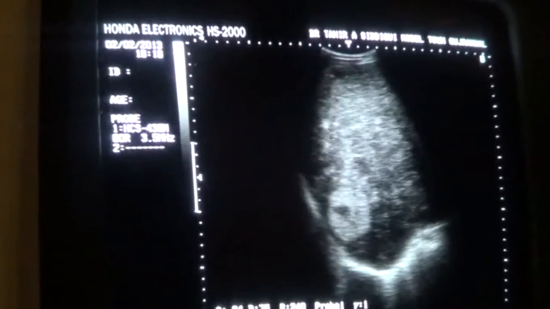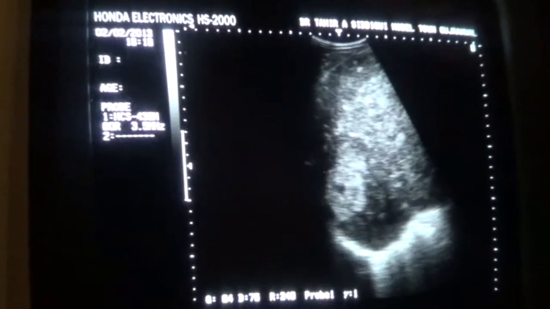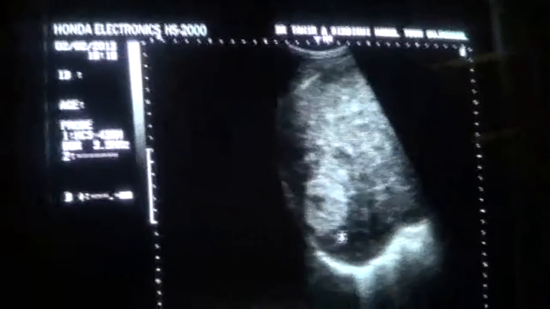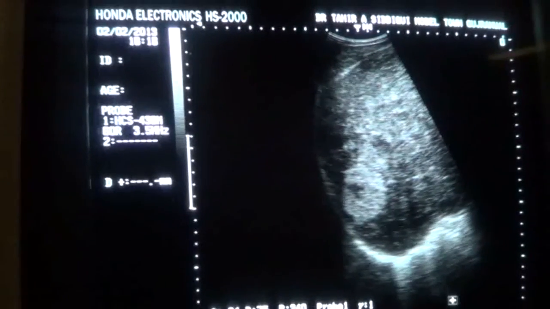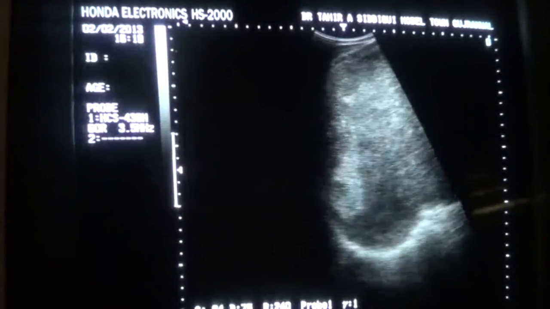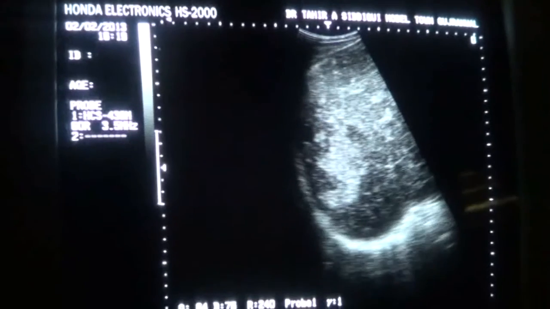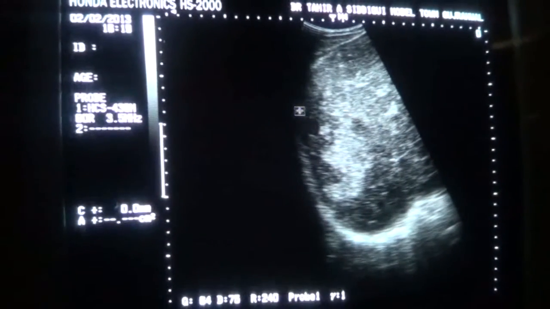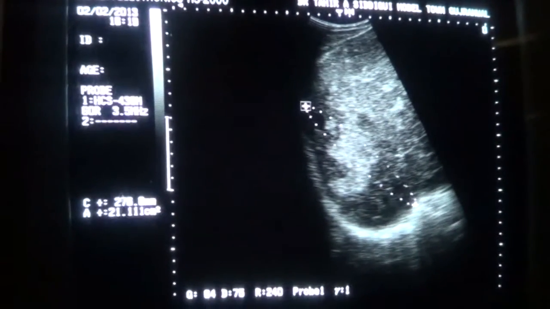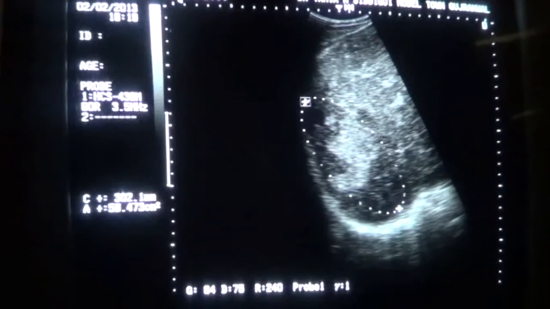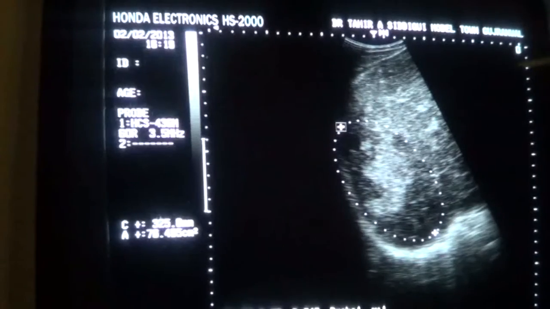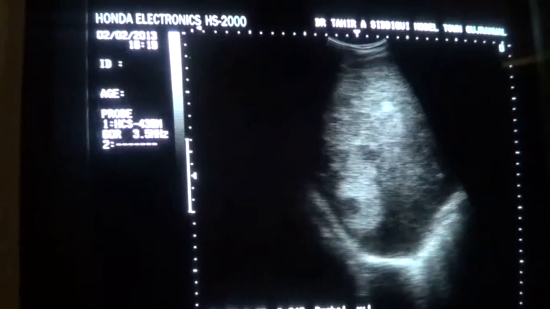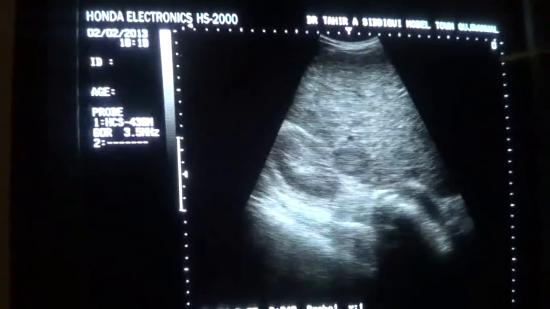This fluid is suggestive of internal degeneration because the fluid is not clear, it contains internal echogenicity. So this is a complex sort of mass, extending from segment 6 to segment 7, a cystic and solid focal mass lesion.